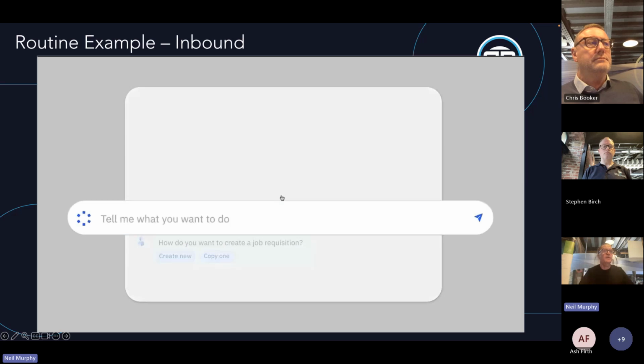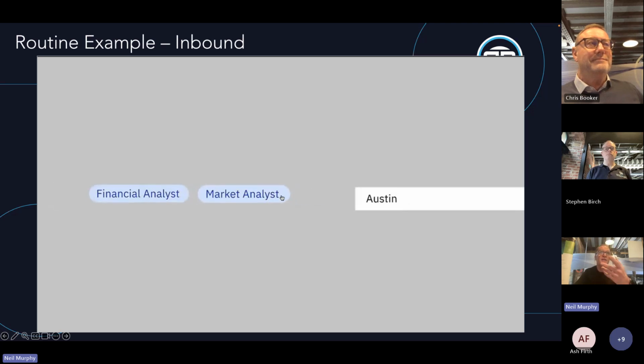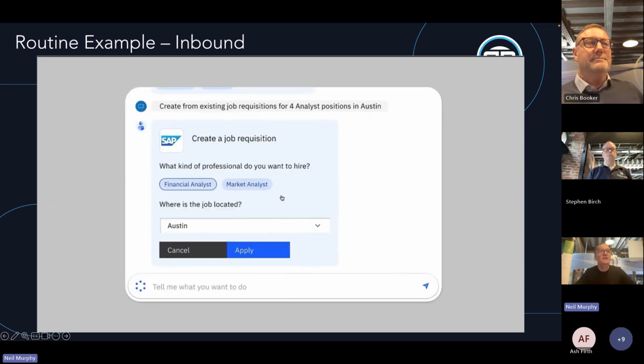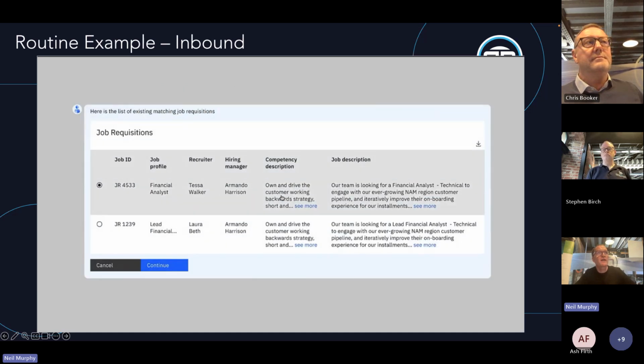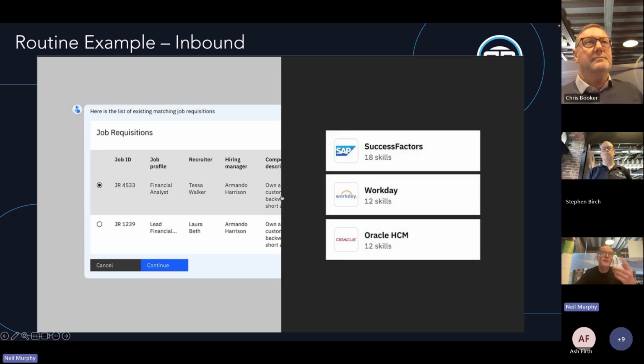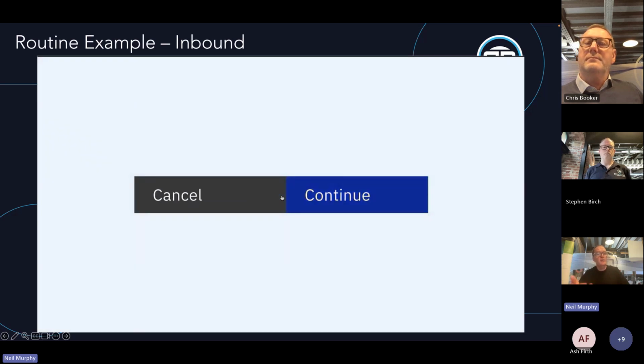They're using the Watson AI assistant here at this point, and just using natural language. I'm creating an existing job requisition for an analyst in this particular location. It's identified that job requisition needs to come from SAP. So now what it's doing is it's finding job requisitions from SAP, and they've got these things called skills, which are almost like processes that are defined, and it's then able to call this.